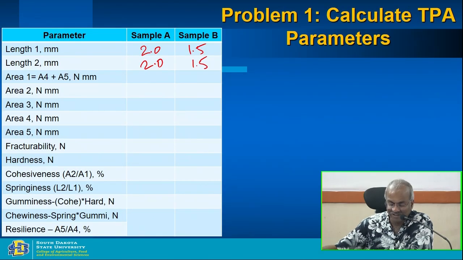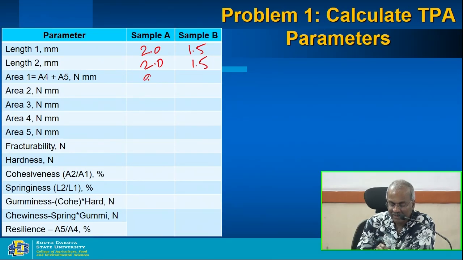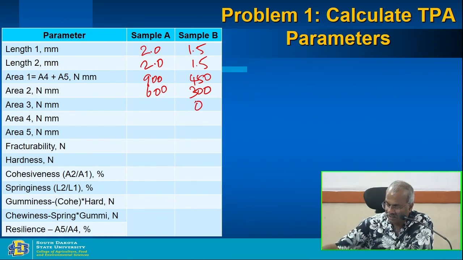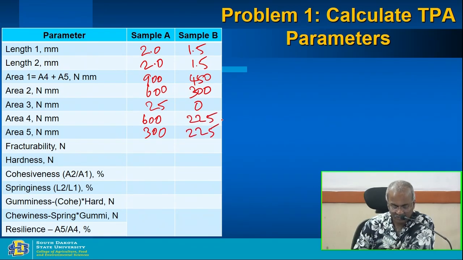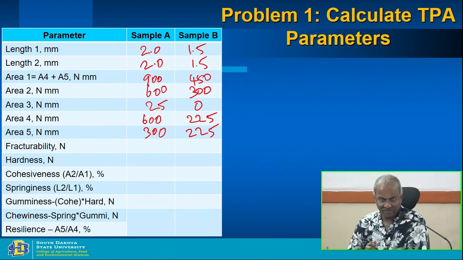I was not sure it was going to sit there or not. 900. 450, 300. This is 0, I know for sure. 25, 600, 300, 225, 225. Okay, we are in business.